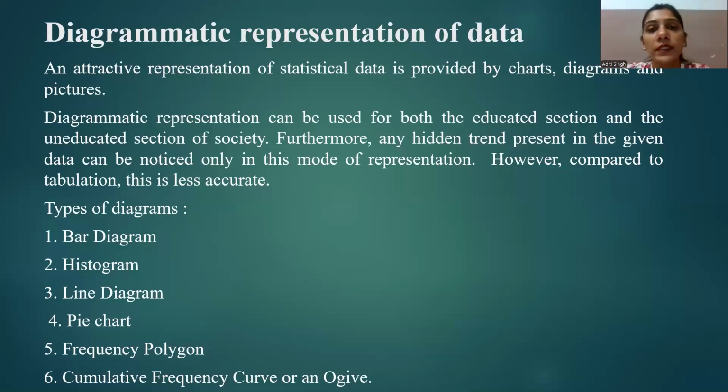So, it is a more effective and very easy way of representing any numerical data in statistics. Diagrammatic representations are basically visual assistance provided to any reader, using geometrical figures or diagrams to improve the data presentation.